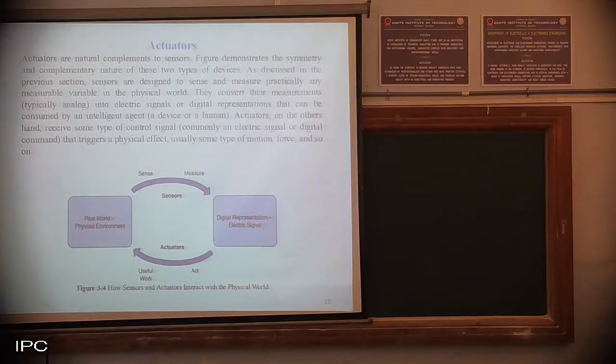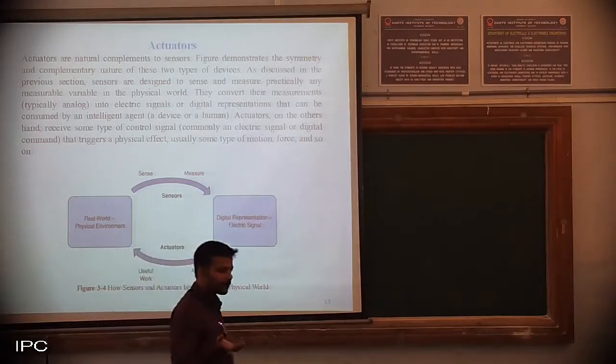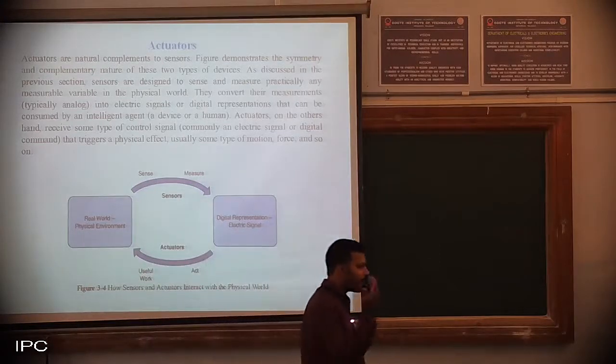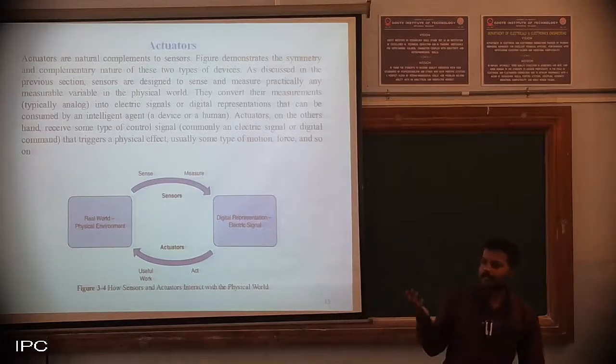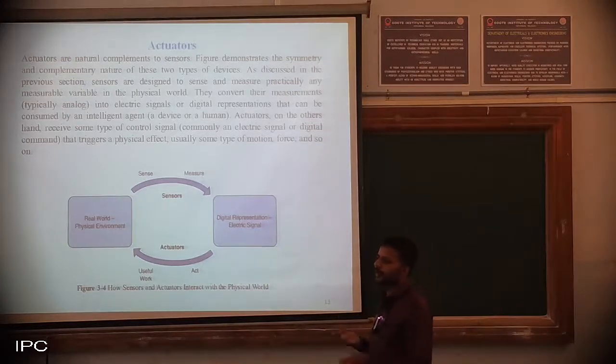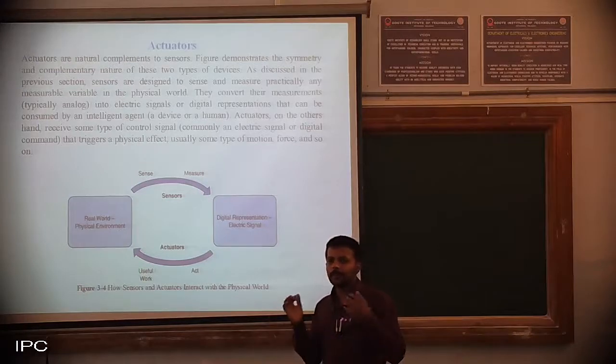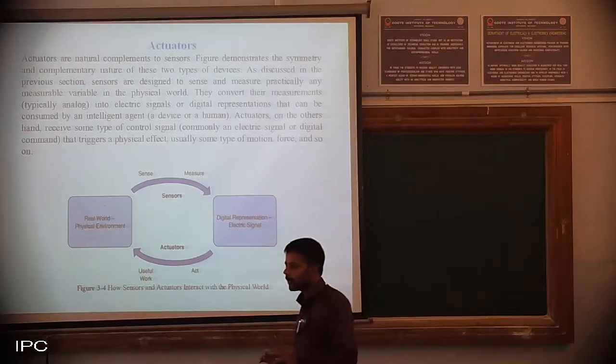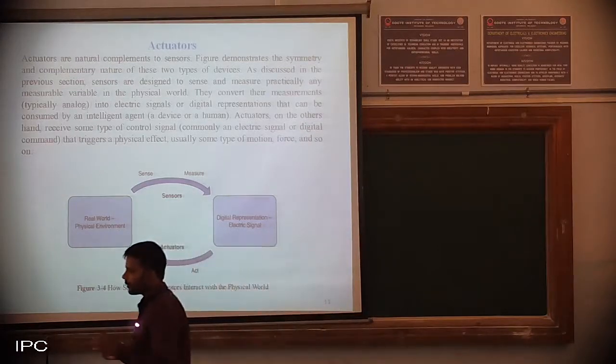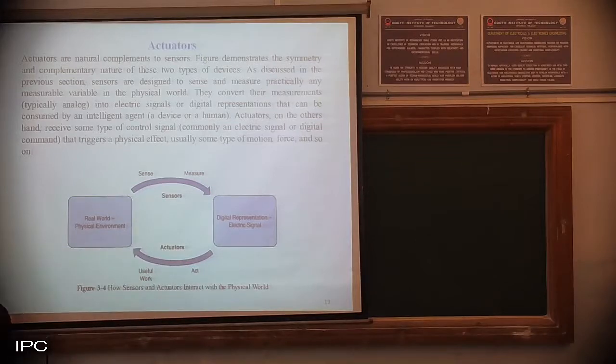And next is the actuators. Already we have discussed how actuators work in the physical world. Actuators basically require input from the microcontroller chip or from the CPU. Corresponding to that input, the actuator gets activated and does its work. If it is a relay, that information should come from the CPU, whether it will get tripped or untripped.